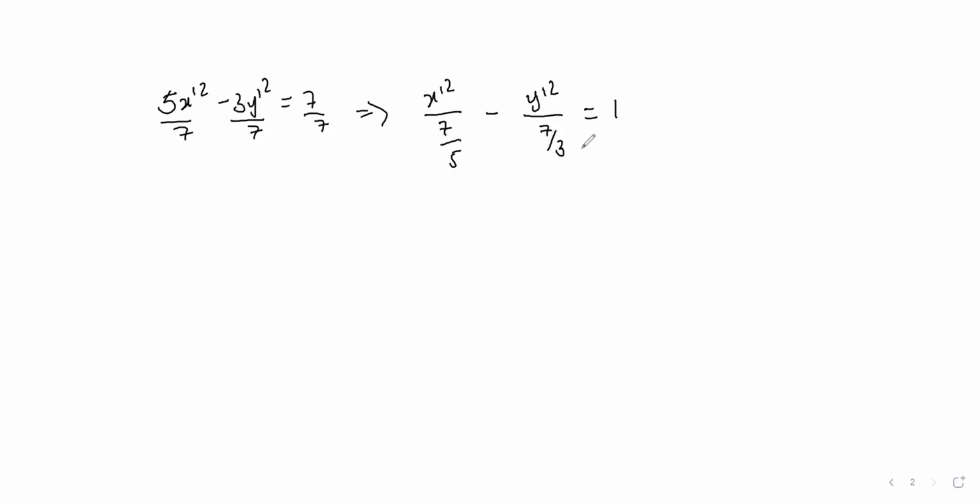So we need to find C. Wait, so when we divide by 7, we're trying to make x prime squared and y prime squared have coefficients of 1. Okay, each. I get it.